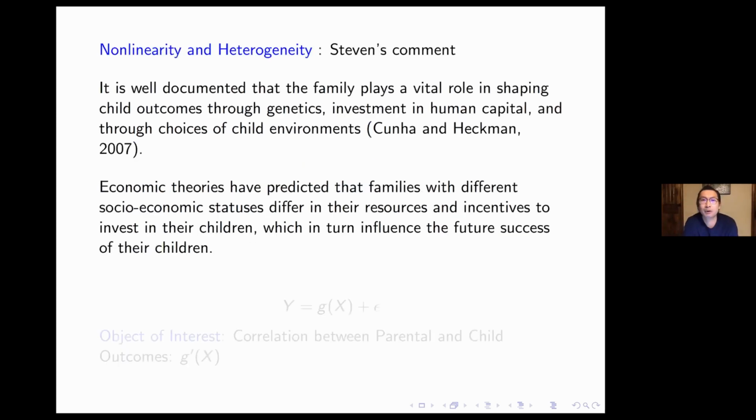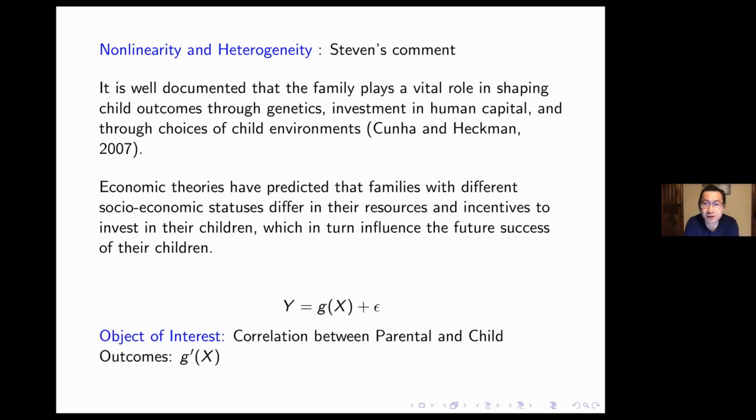So Stephen's comment about the nonlinearity and heterogeneity process. As we already know, family plays a very important role in shaping children's outcomes, and families with different socioeconomic status differ in their resources and incentive to invest. So eventually these different resources will affect the future success of their kids, through a very nonlinear function.